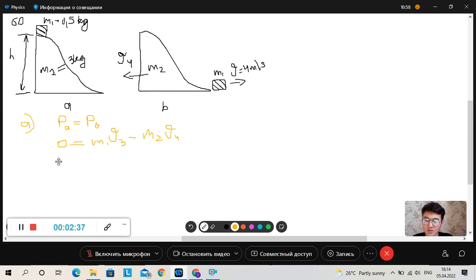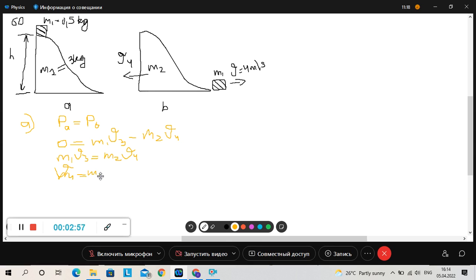So m1 v3 is equal to m2 v4. We need to find v4, which is m1 v3 divided by m2.